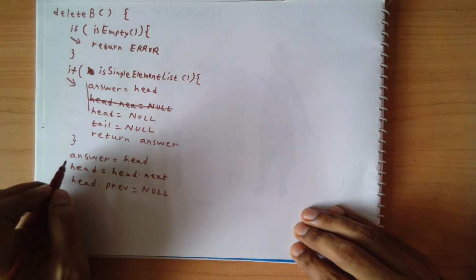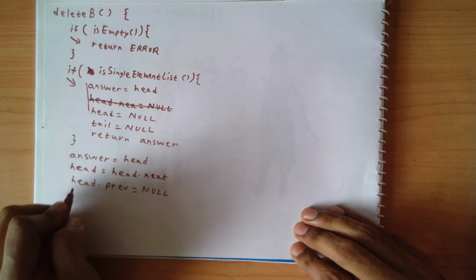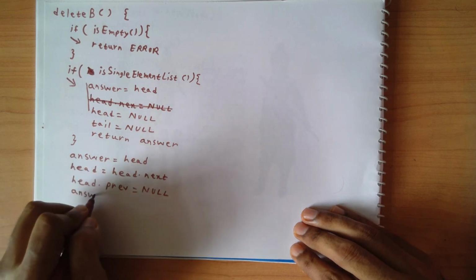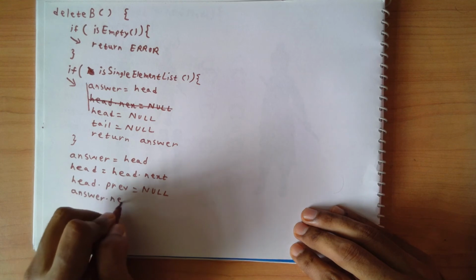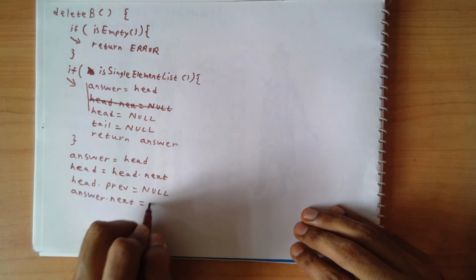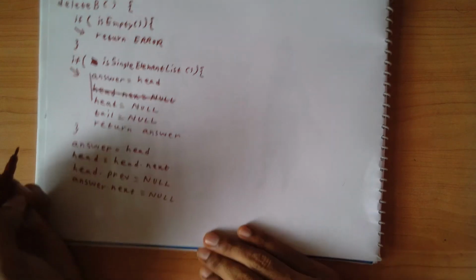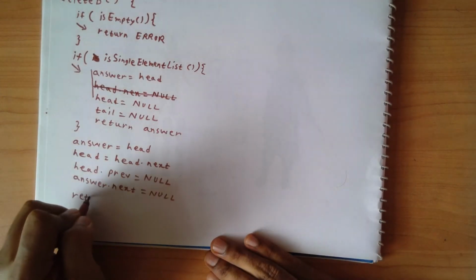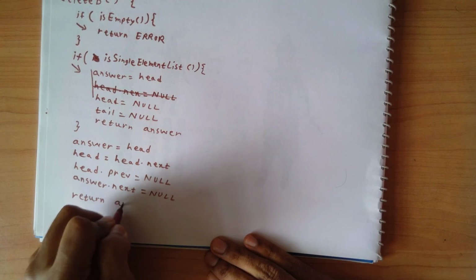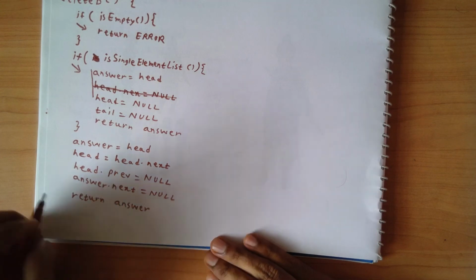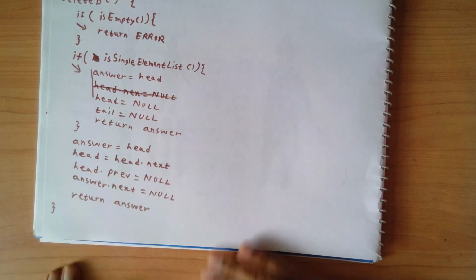For the answer that you have received, answer.next you should set to null because you are taking that node out of the list, and then you should return the answer. And that's all that I need to do.